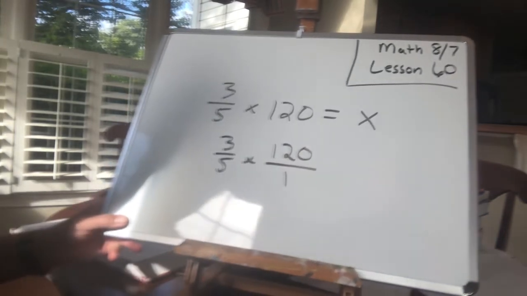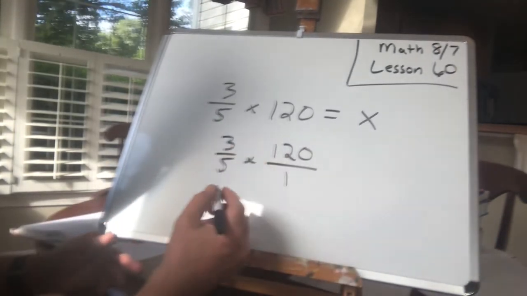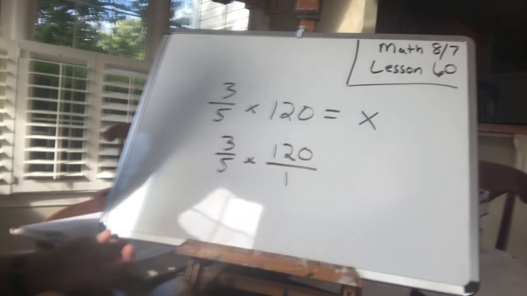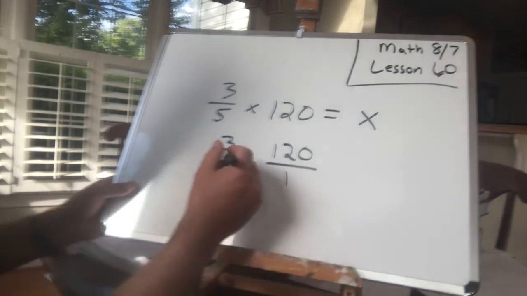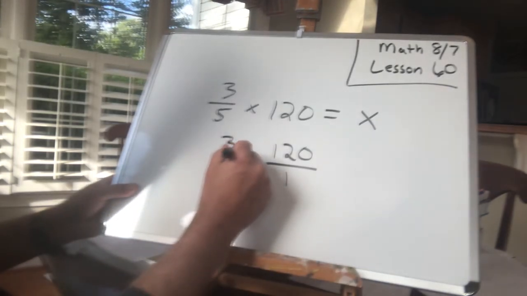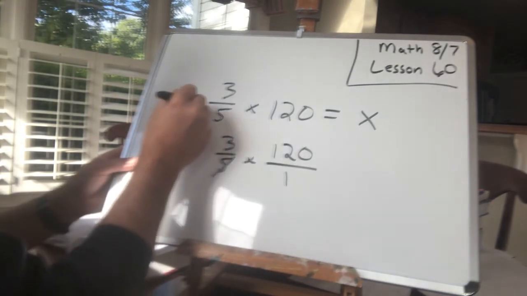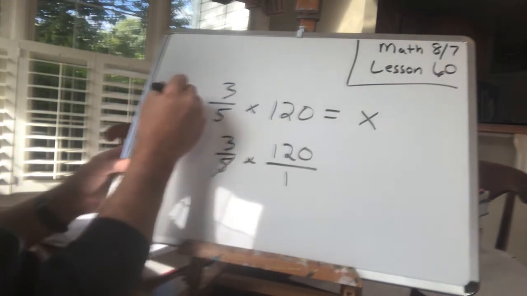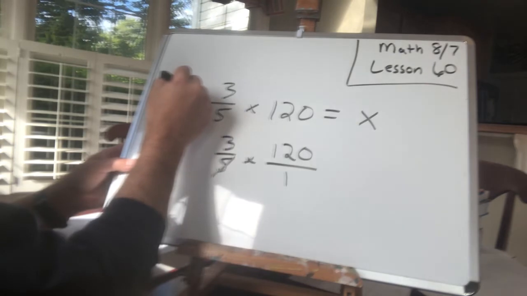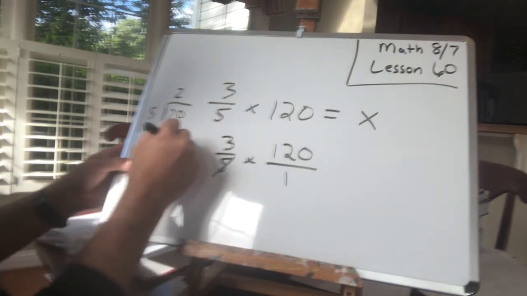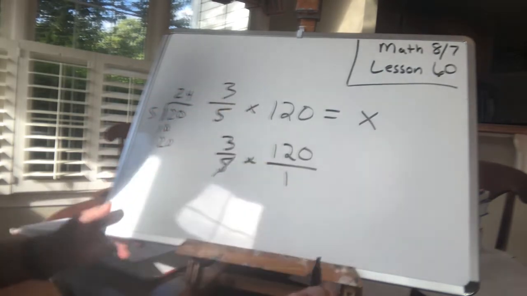Now, what I should do is reduce this as low as I can. 5 goes into 120 how many times? Well, I know off the top of my head, but what you should do is 120 divided by 5 would equal 24.